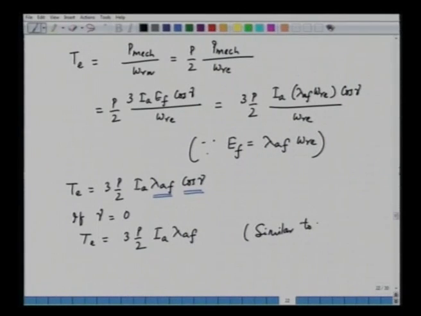So that is similar to that of a separately excited DC machine. So it means whenever we have a closed loop position feedback, we can control a synchronous machine like a separately excited DC machine.